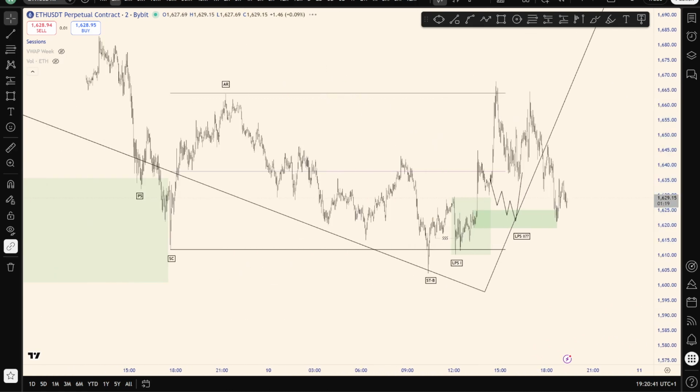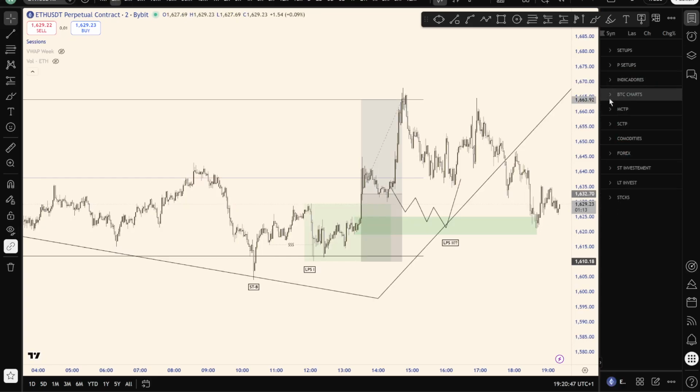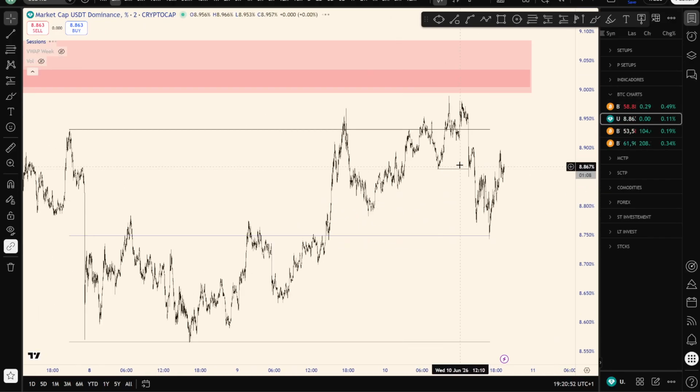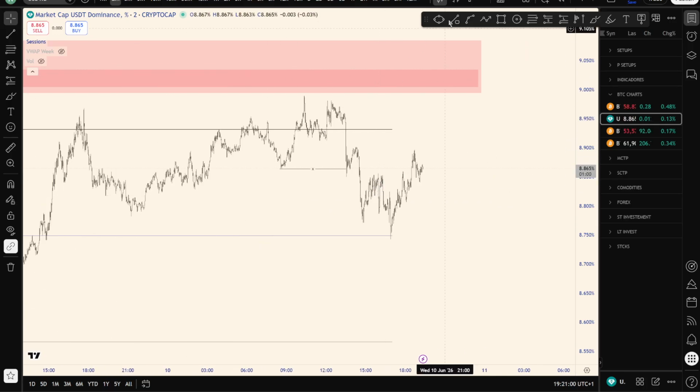So I was also monitoring this with USDT. USDT broke down structure back here. This was an SFP of the main market structure, and then broke it here.